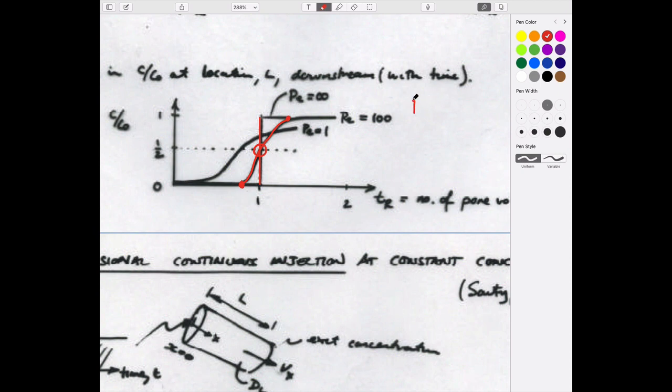hence the Peclet number, which is given by a flow velocity, a characteristic length, and a dispersion coefficient, DL say. When this amount is large compared to the velocity, so this term is less than 1, then all of a sudden this point when breakthrough occurs becomes progressively earlier and earlier in terms of measured by pore volumes.